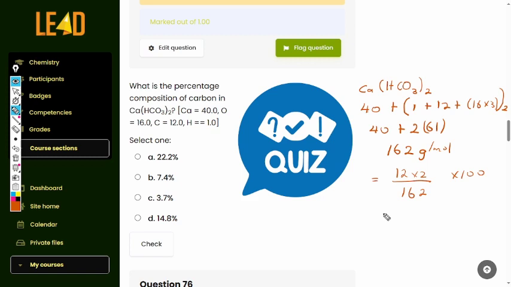Let's see what this would give us. 12 times 2 is 24, so 24 divided by 162 times 100 is 14.81. So 14.814. So this means the answer is B.